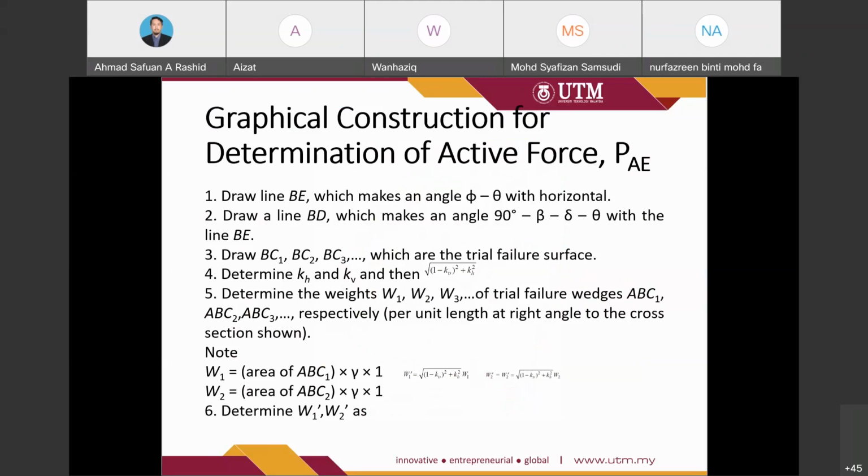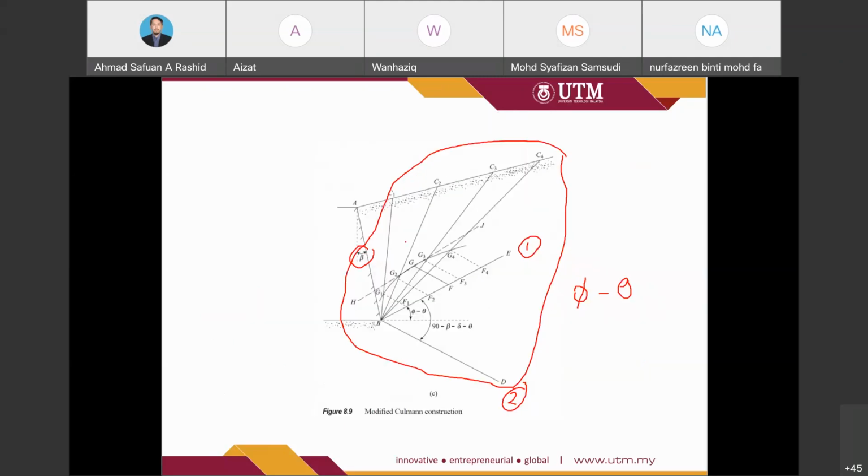Then draw BC1, BC2, BC3, which are the trial failure surfaces. The next step is to mark points along the line from A. To make it easy, we put, for example, 2 centimeter distances.